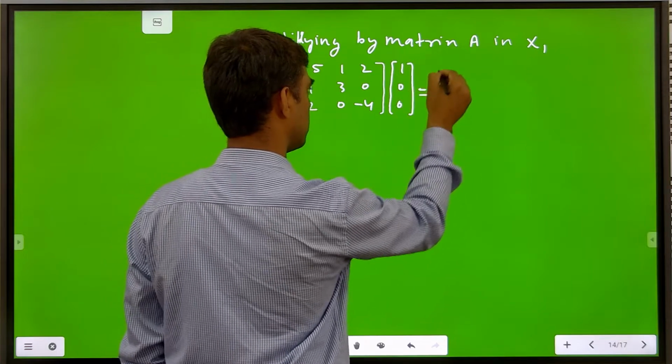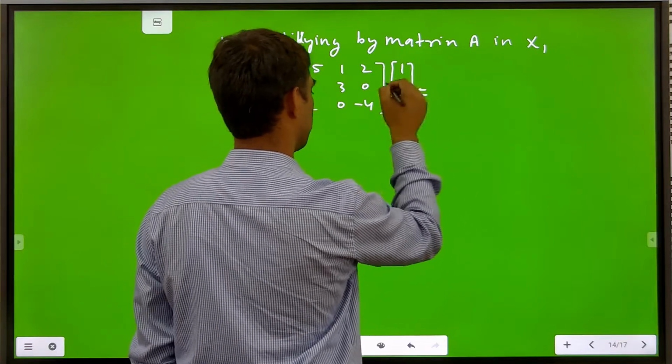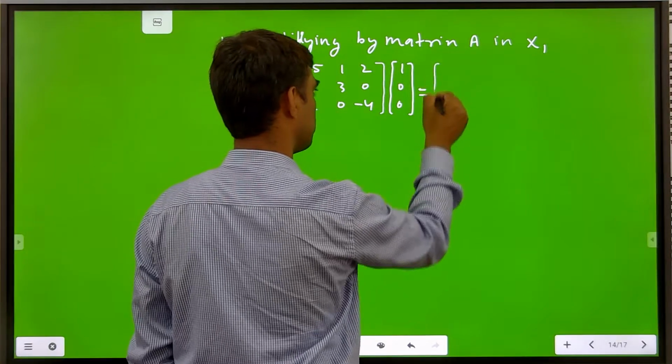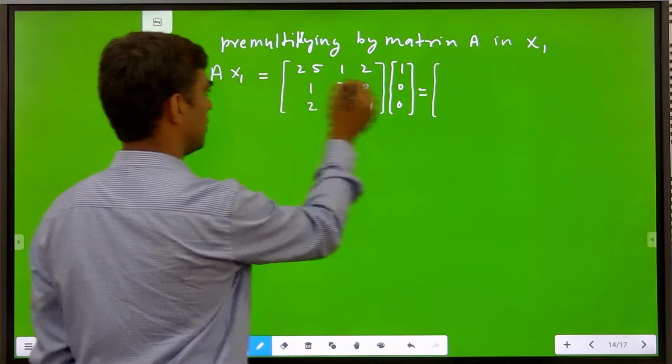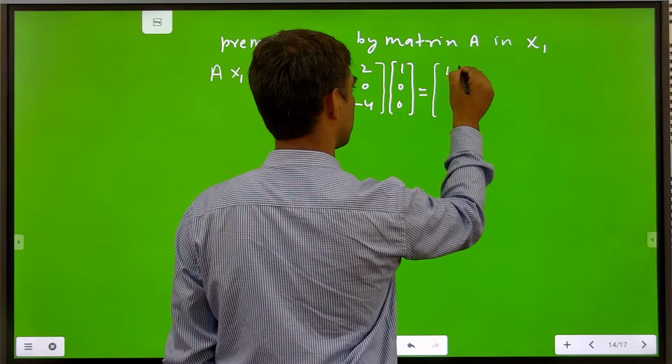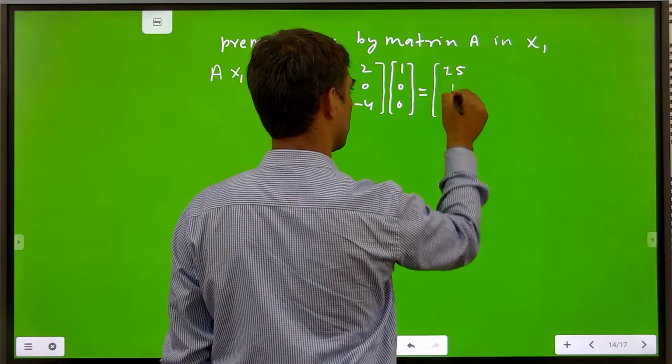After multiplication, the value becomes 25 1 2.